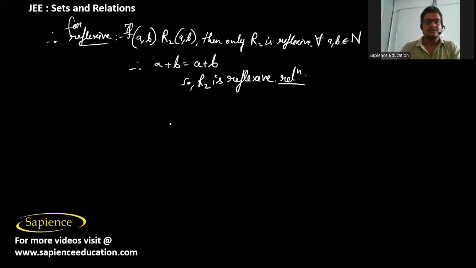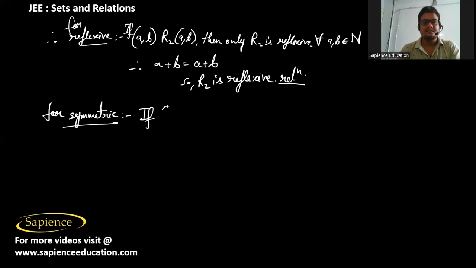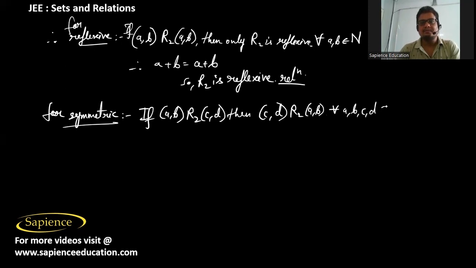So R2 is a reflexive relation, and then for symmetric we should have that if (a, b) is related to (c, d), then (c, d) also should be related to (a, b) for all a, b, c, d belonging to N. Now here it is told that if a plus d equals c plus b, then obviously we can say that c plus b equals a plus d.